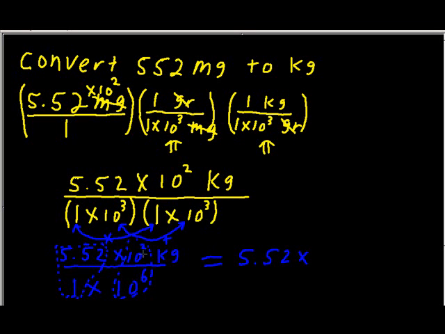So it's 2 minus 6, so that becomes 10 to the minus 4th. And now we have the ever so important units. And so this is an example of a two-step problem.